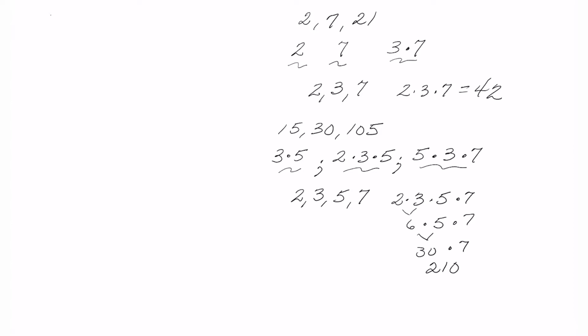In our next example, we have 24 and 108. Let's factor 24. That's 2 times 2 times 2 times 3. So 2 times 2 times 2 is 8, times 3 is 24.